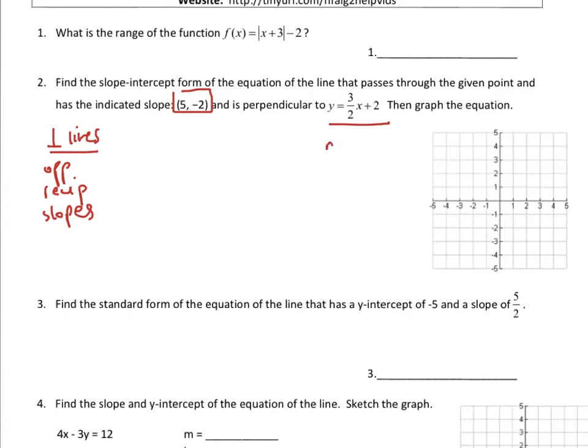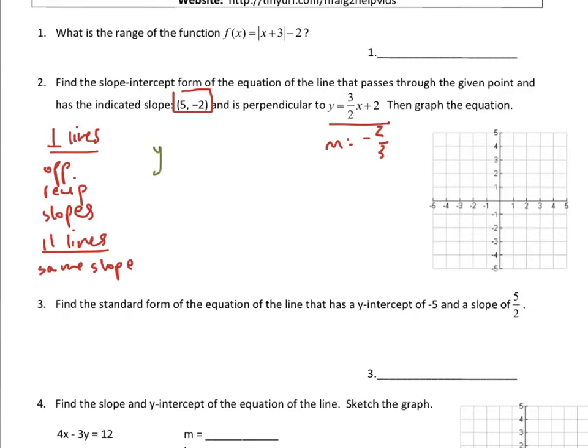So the slope that I'm going to use is not 3/2, it's -2/3. When you would use the same slope is if the lines were parallel. So I'm going to also write parallel lines. Parallel lines, just clearly two lines that are next to each other, they have the same slope. When I draw the parallel symbol, it's just two vertical lines, but it essentially means two lines that don't cross.